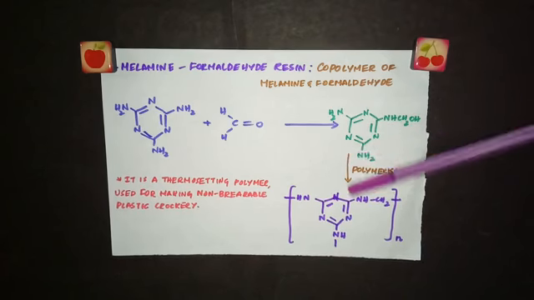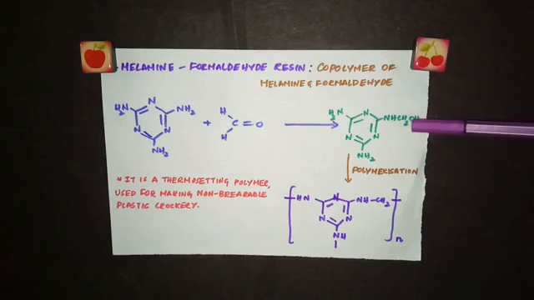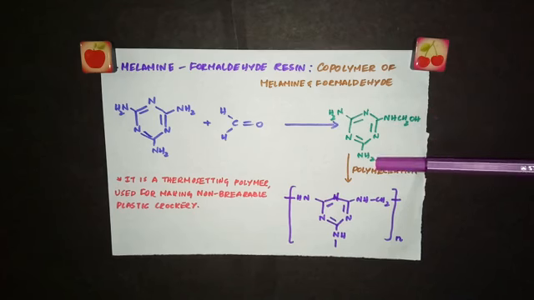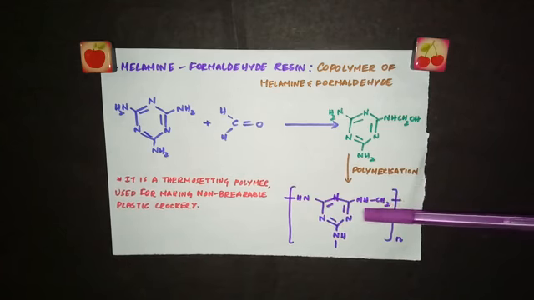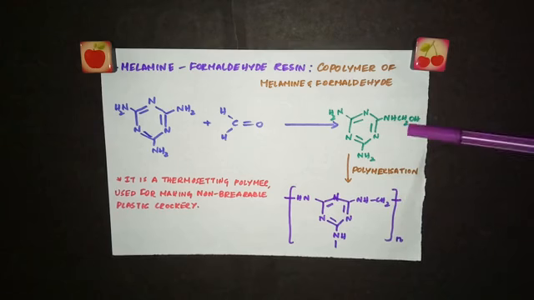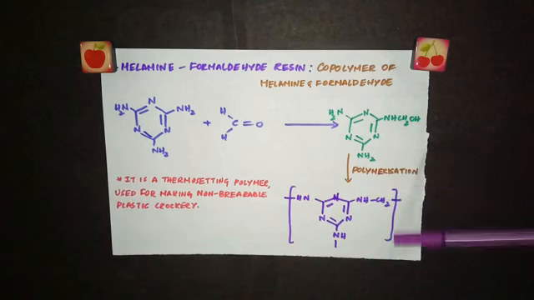And this will undergo polymerization. Again, I told you in NH2, H will be removed, and in OH, OH will be removed. Write everything as such. See, NH bond, NH CH2 bond, OH is removed, and here NH, and everything else is written as such and put n times. So this is the structure of melamine formaldehyde resin.